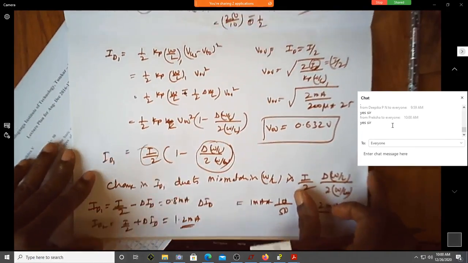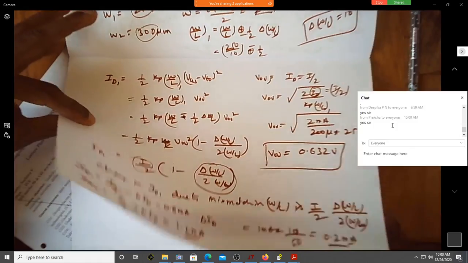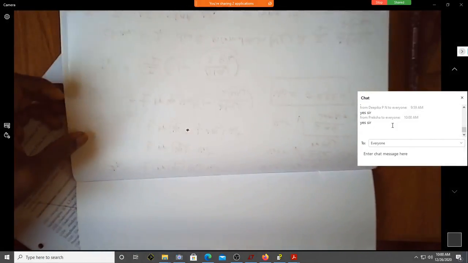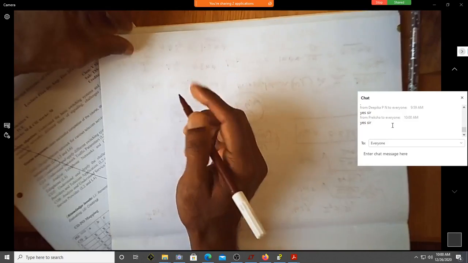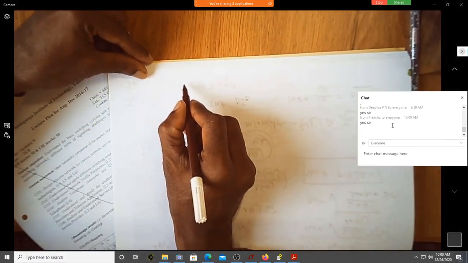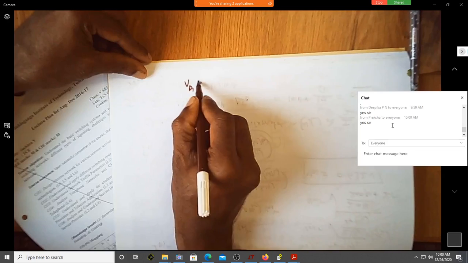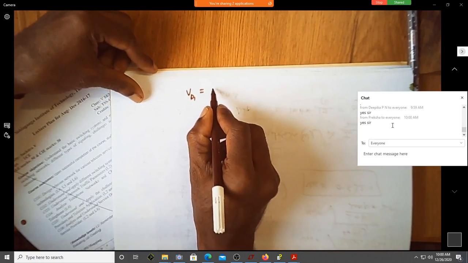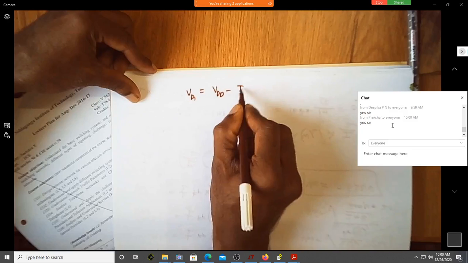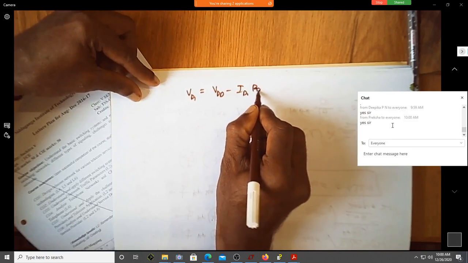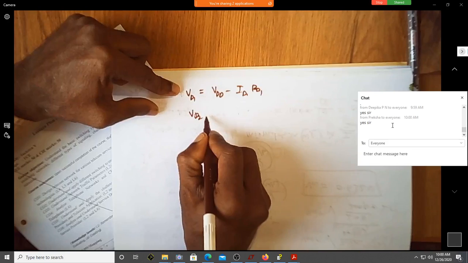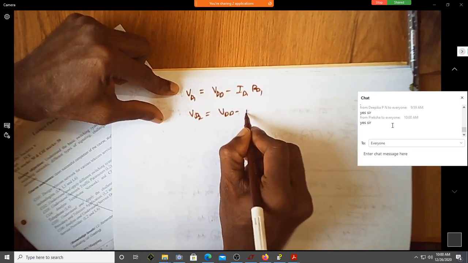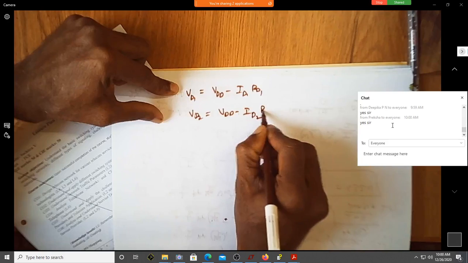Is it done? Okay, once we know there are different values of ID1 and ID2, naturally VD1 and VD2 will differ. What is VD1, Ayush? VDD minus ID1 times RD1 of course. What is VD2?